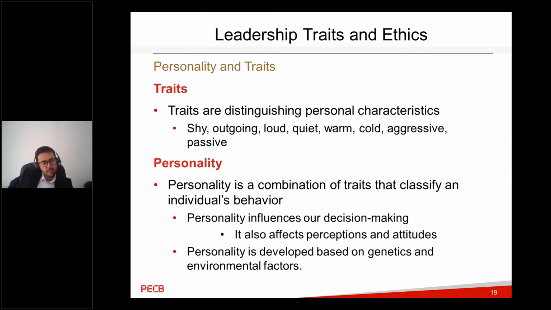It is already understood that personality also influences our decision making, and it also affects how we perceive different actions or people, as well as our attitudes towards others. So we have already covered that personality is very important when it comes to making decisions or predicting our behavior within an organization.